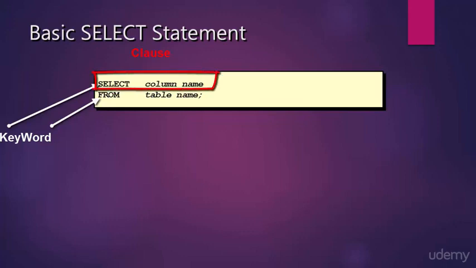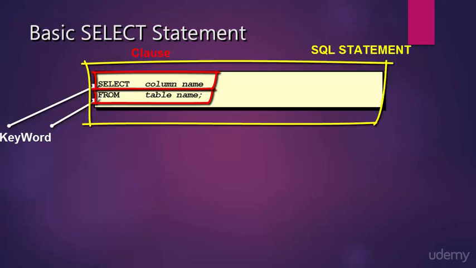Also if we write FROM table name, then it is another clause. And this whole block of yellow color is a SQL statement. So SELECT and FROM are the keywords, SELECT column name and FROM table name are the clauses, and this whole yellow box is a SQL statement.